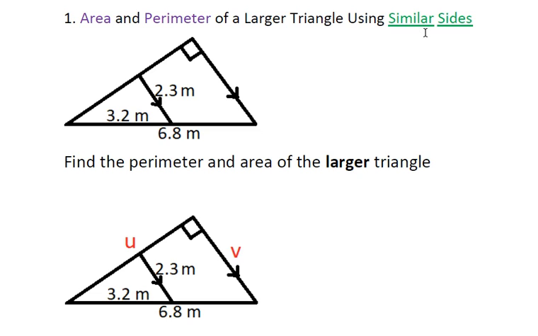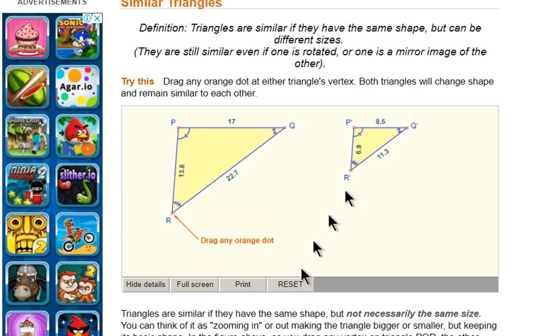Okay, so I just want to go to a website for a moment. This website here is Similar Triangles, and if you go to mathopenreference.com or mathopenref.com, you'll be able to see a little bit about similar triangles.